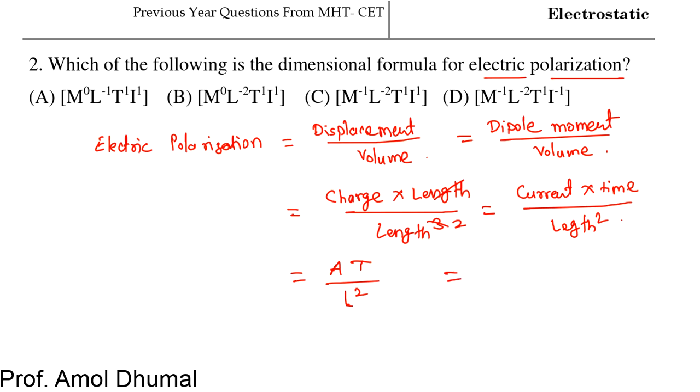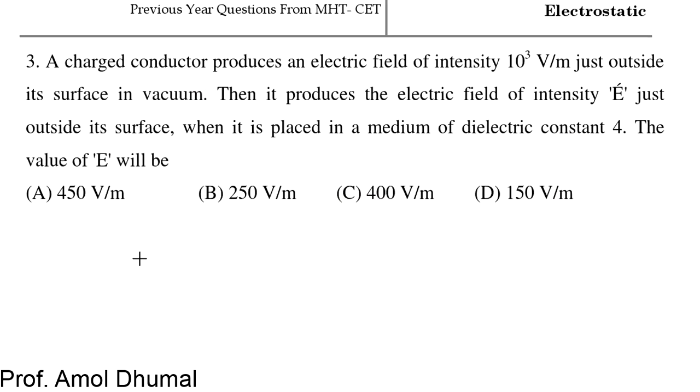Its dimension is given as M0 L minus 2 T1 I1. So option B is correct. M0 L minus 2 T1 I1 is the correct option. Let us see the next question.